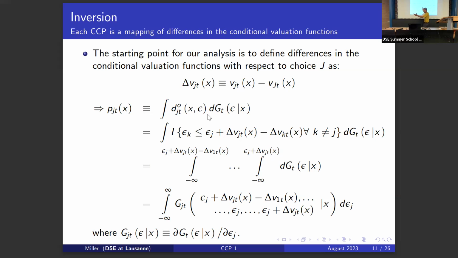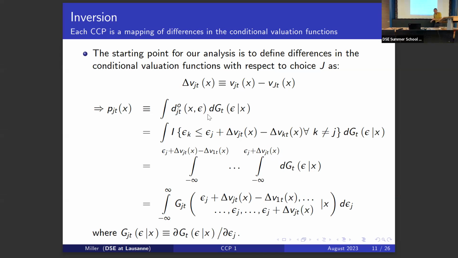That's what makes this action optimal. And then I'm integrating over all the epsilons. And then what I'm doing is taking off big J from here and here.